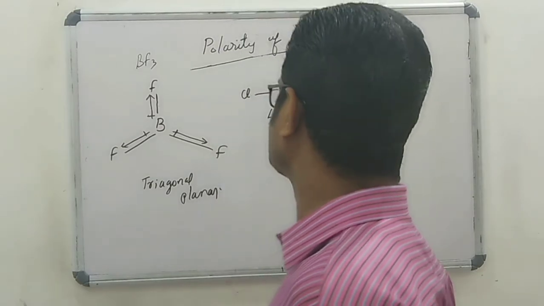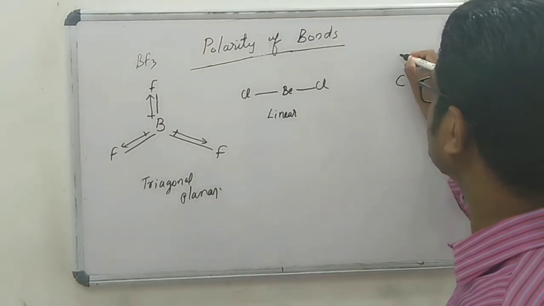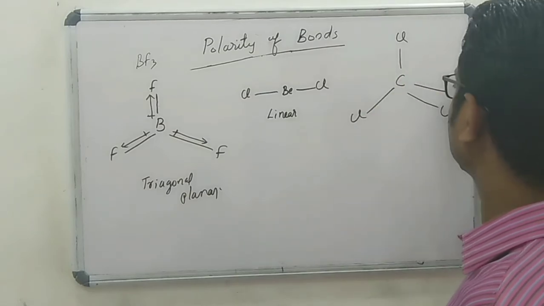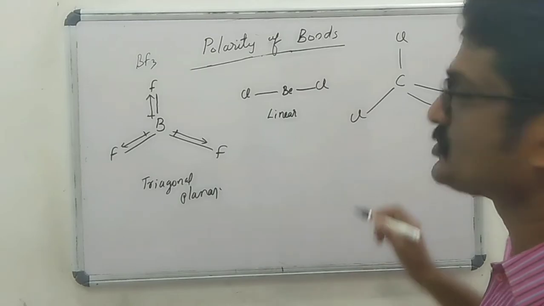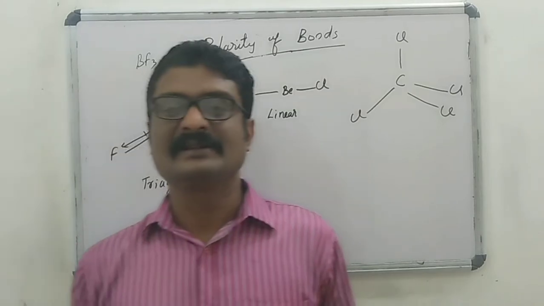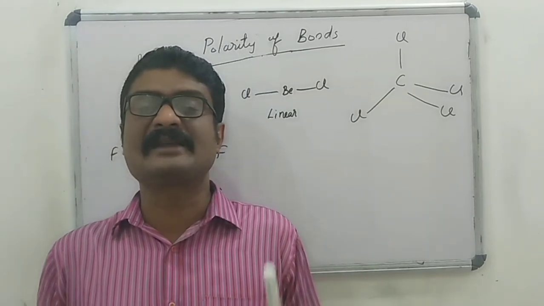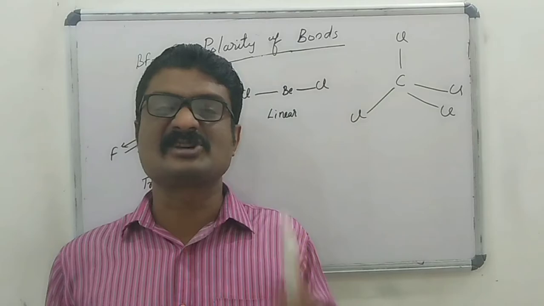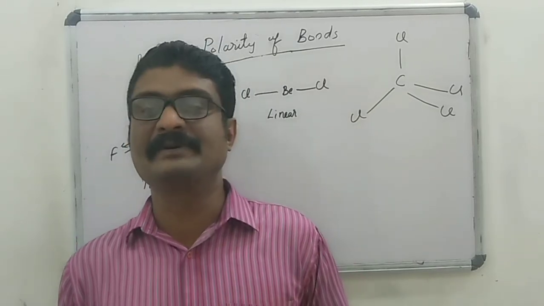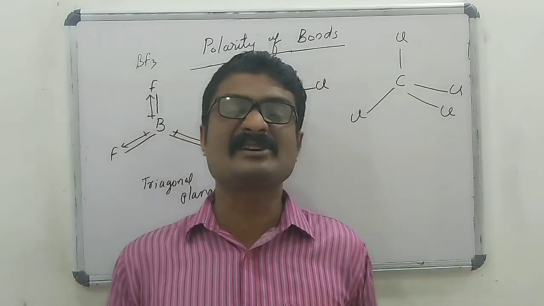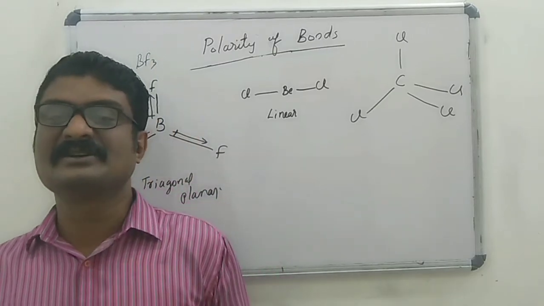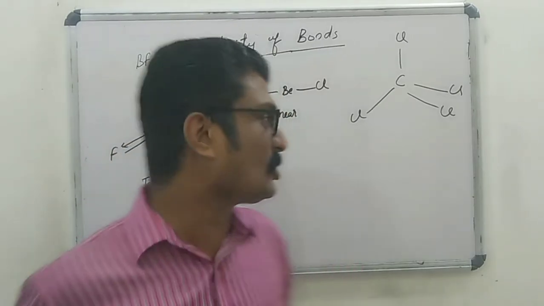Then CCl4, carbon tetrachloride, also possesses regular geometry, tetrahedral shape. That means molecules that possess regular geometry, example BeCl2 linear shape, BF3 trigonal planar shape, CH4 tetrahedral shape, PCl5 trigonal bipyramidal shape, SF6 octahedral shape, have zero dipole moment.